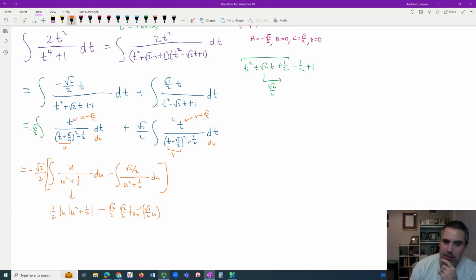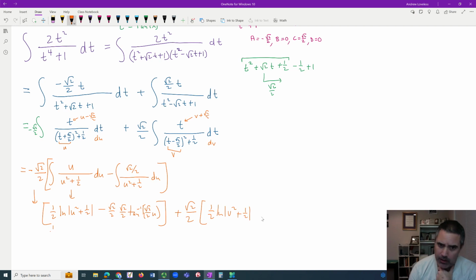And then I'll have a very similar thing for the other one. Almost identical as this one. So it will have a 1/2. Oh, and this is all times... I'm really trying to leave things off. So then we'll have plus square root of 2 over 2, 1/2 log of v squared plus 1/2.